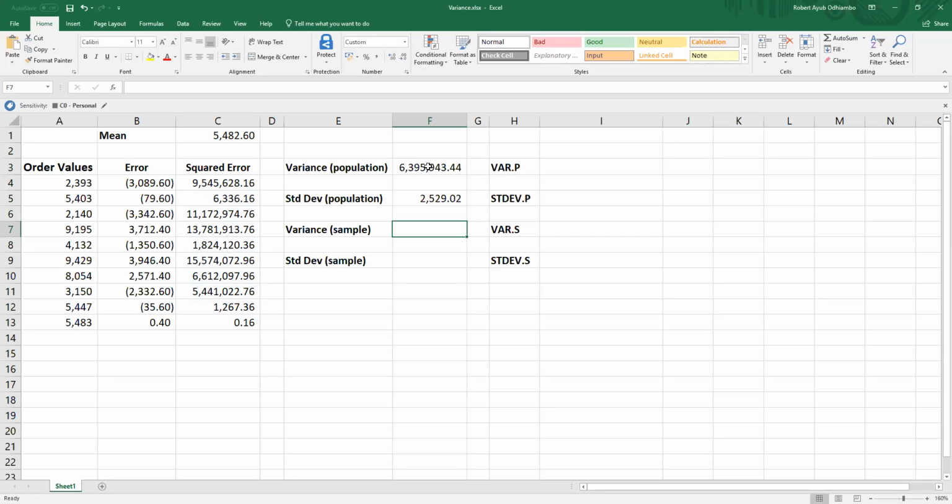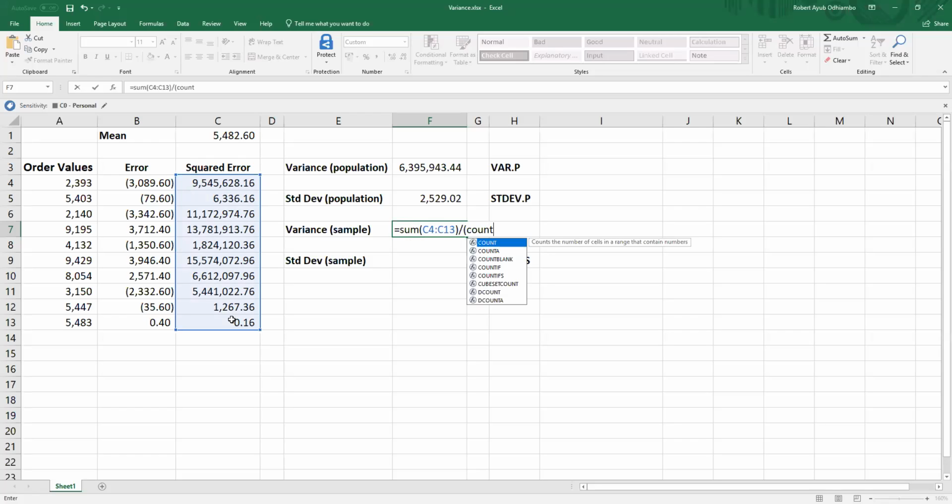Now we want to do the variance of the sample. So we need to do the summation of the squared error divided by the count of this error minus 1.